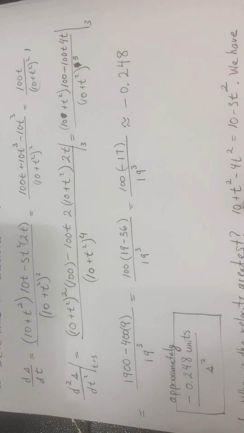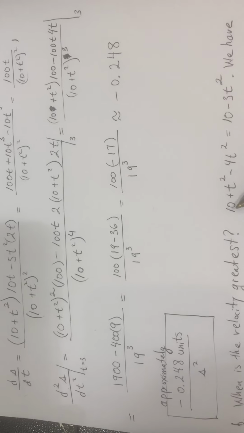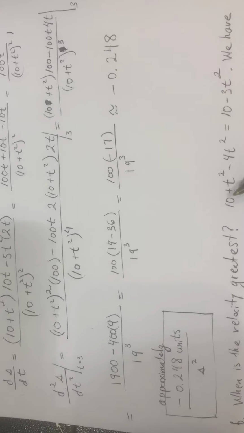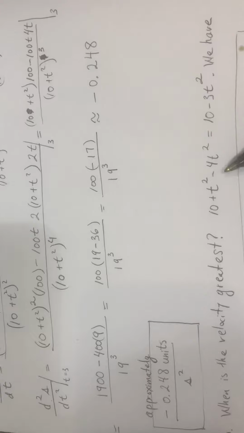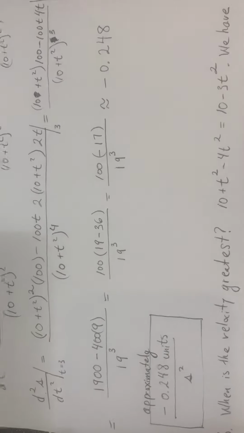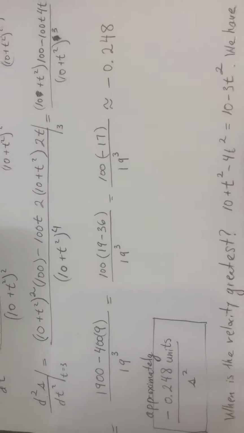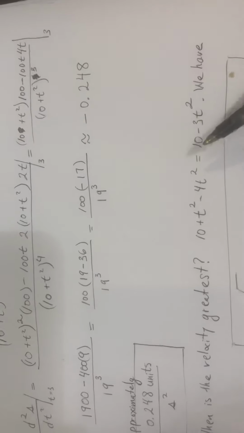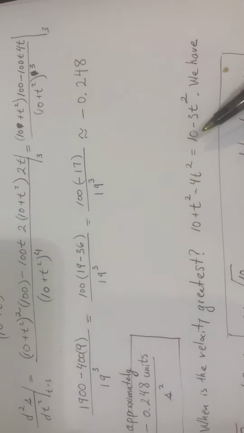And so our simplified numerator is 10 plus t squared minus 4t squared, which is 10 minus 3t squared. Now this is a downwards opening parabola, and its vertex is at 0, 10.